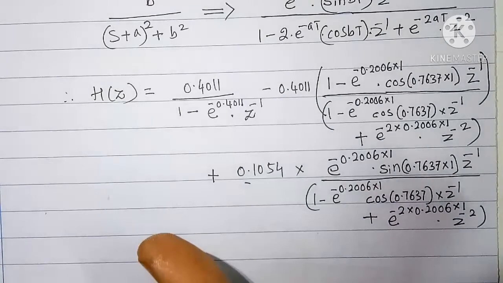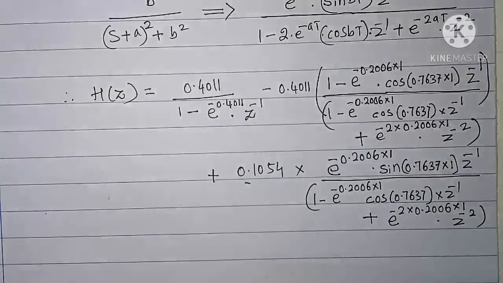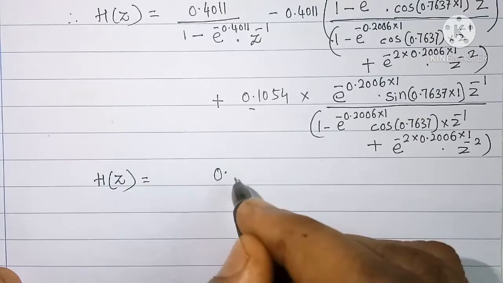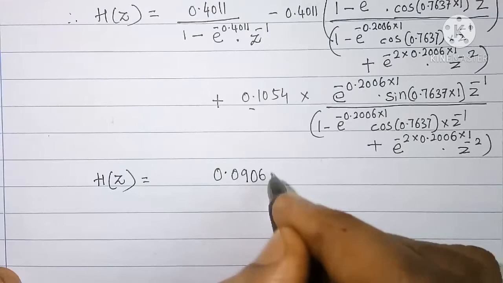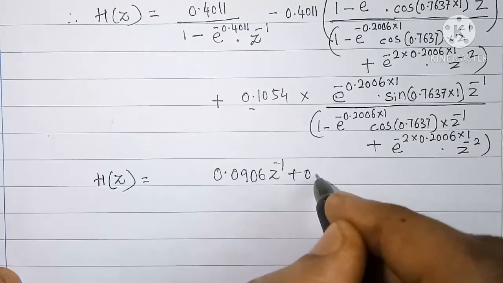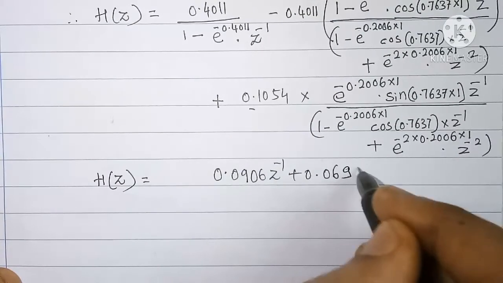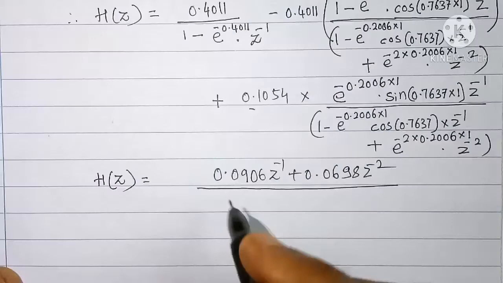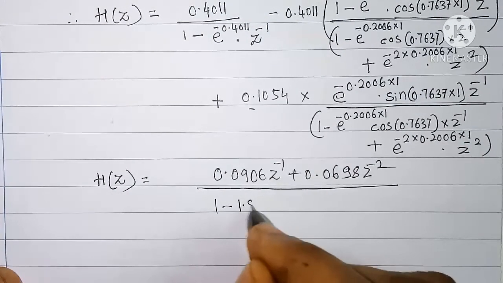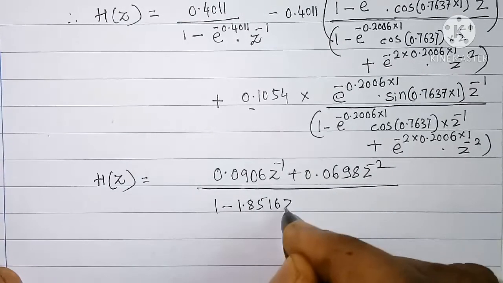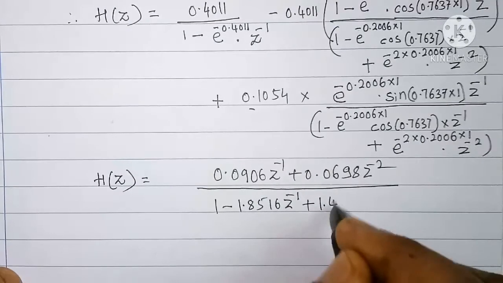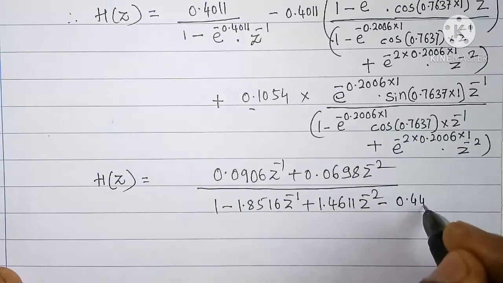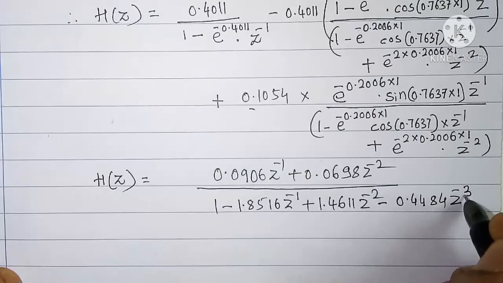Simplifying by taking LCM, we get h of z equal to 0.0906 z raised to minus 1 plus 0.0698 z raised to minus 2 whole divided by 1 minus 1.8516 z raised to minus 1 plus 1.4611 z raised to minus 2 minus 0.4484 z raised to minus 3.